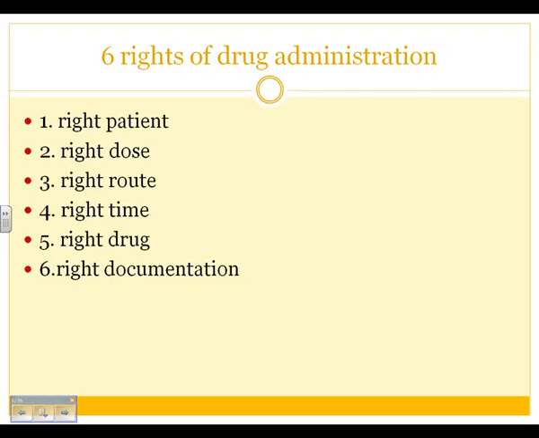Because you could potentially have 2 Miss Smiths in the hospital on the same floor. So we need to make sure that we're giving this Miss Smith's medication to her and choose the right Miss Smith. So name, account number, medical record number, and birthday.